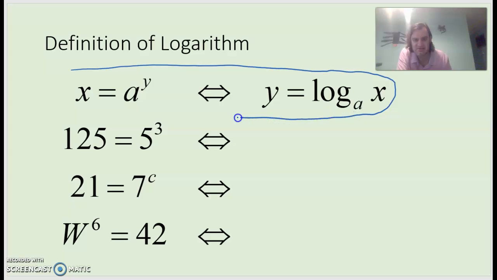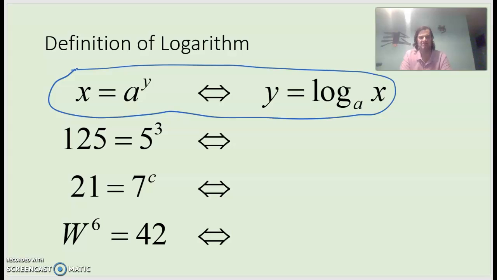And it's a definition, so you can ask a lot of questions about it, but there is no explanation outside of this is how we've defined this function. Now, once you accept the definition, you can follow it up with many rules that make sense based off of that definition. But it's really just a different way of writing an exponential equation or an exponential function.